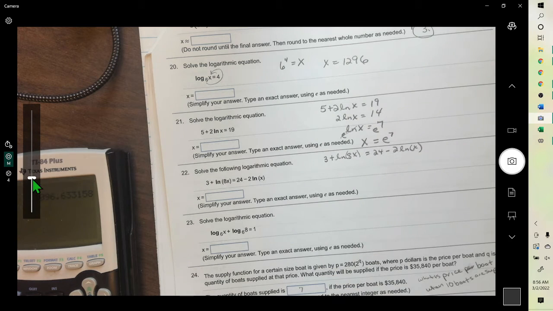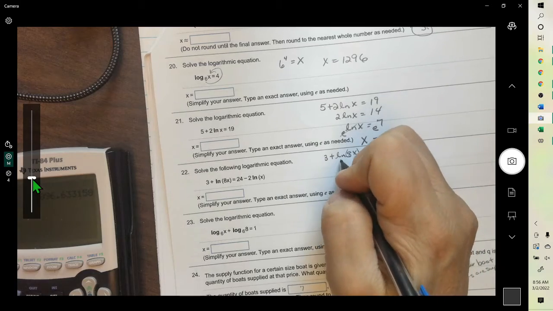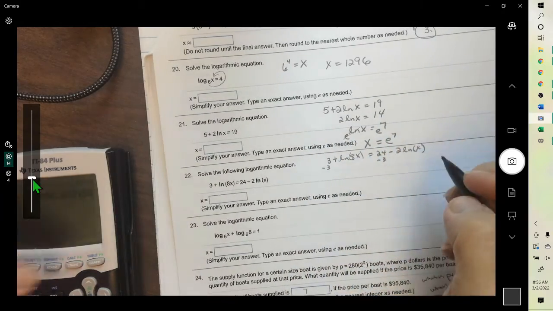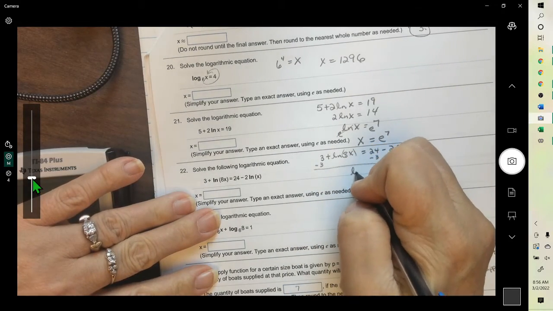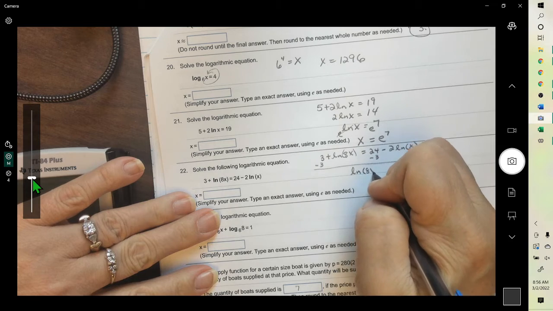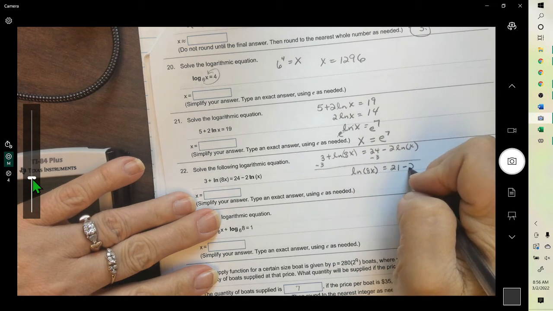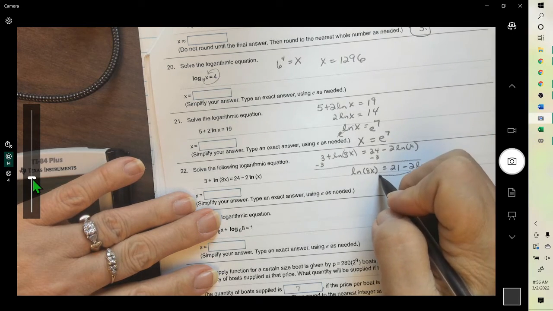Okay, this one we'd want to get our natural logs on the same side. So we'll subtract the 3. Then we're going to add this one to the other side.